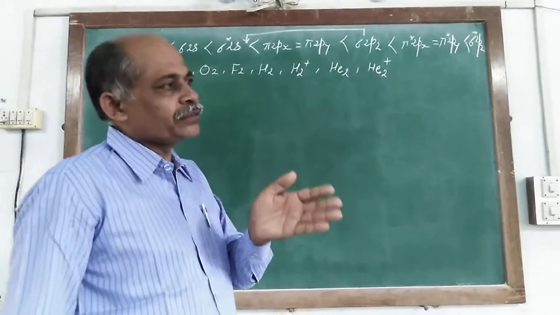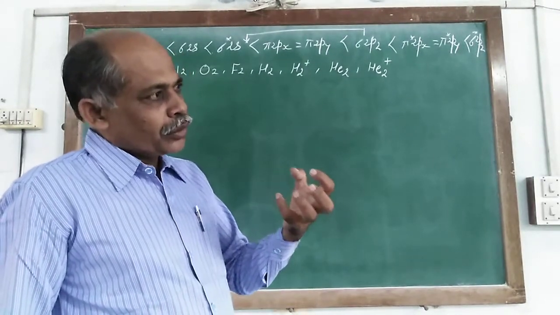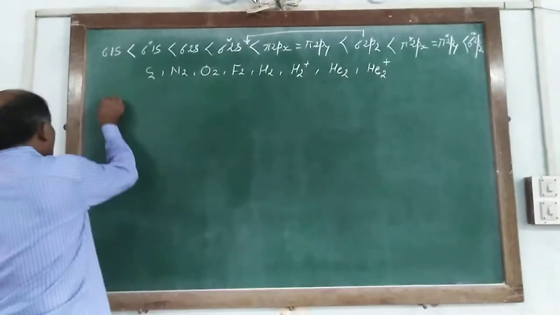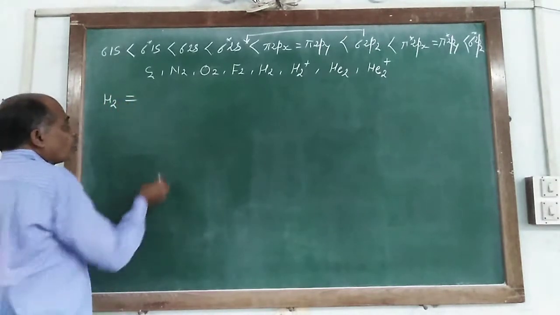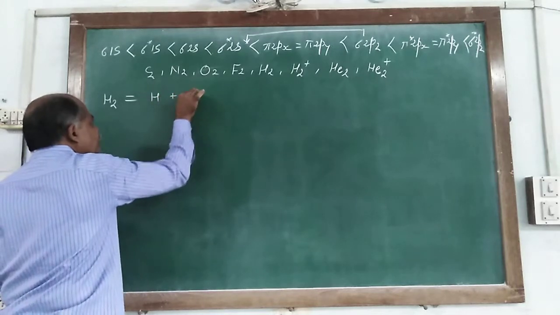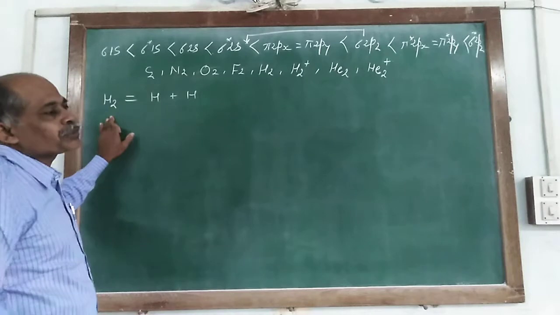So, one by one we start the molecular orbital diagram. First of all we take the H2 molecule. The H2 molecule is formed by the combination of two hydrogen atoms.